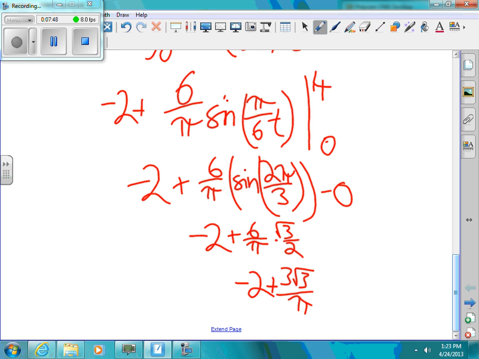And that is the position when t equals 4.